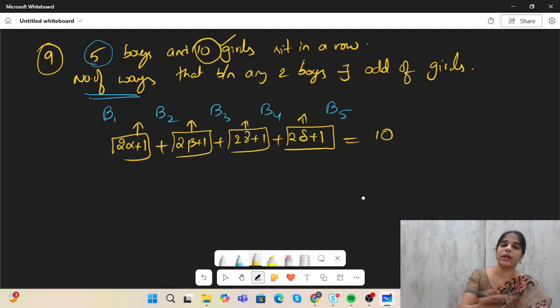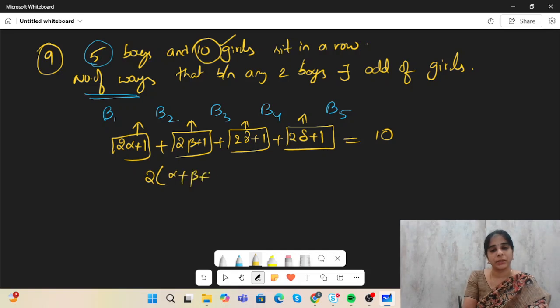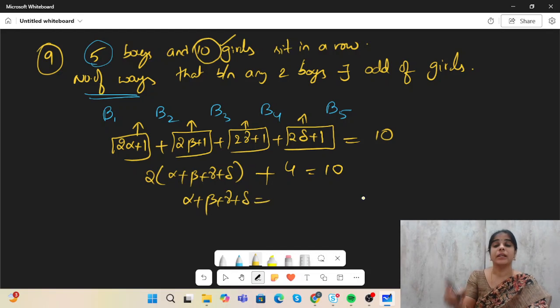Now I have reframed my question. Adding them: 2 times alpha plus beta plus gamma plus delta, plus 1 plus 1 plus 1 plus 1, that is 4, equals 10. So what's alpha plus beta plus gamma plus delta? That is 10 minus 4, that is 6. 6 upon 2, that is 3.